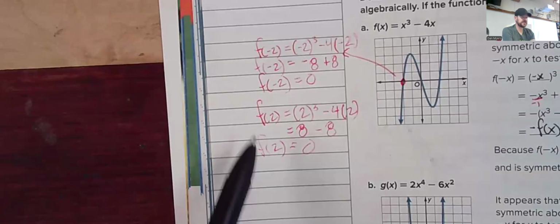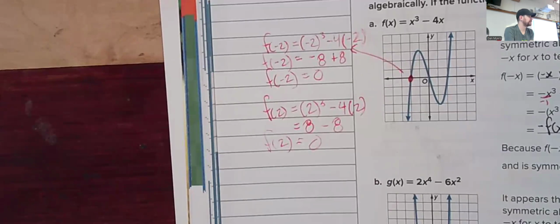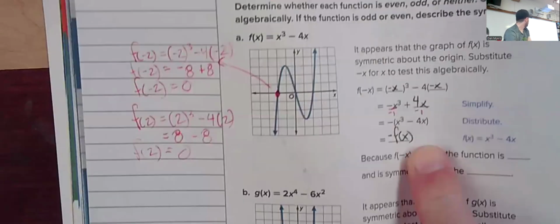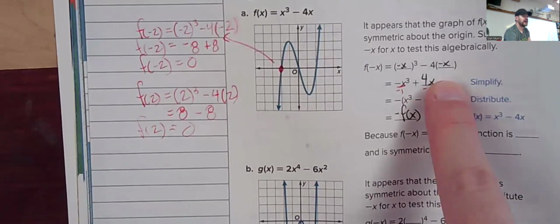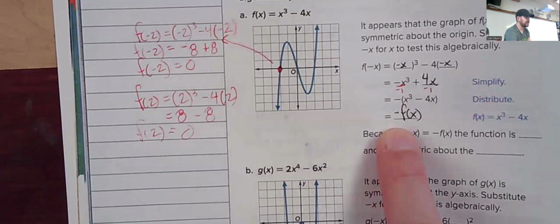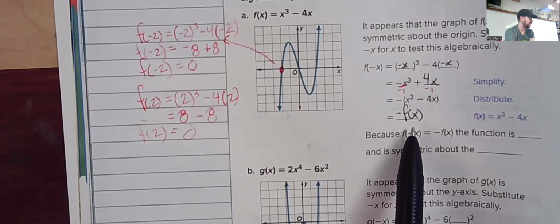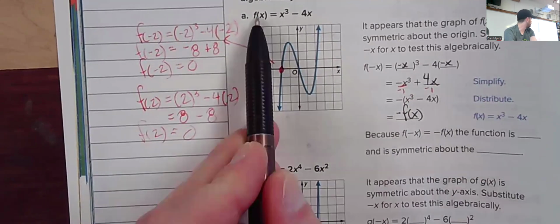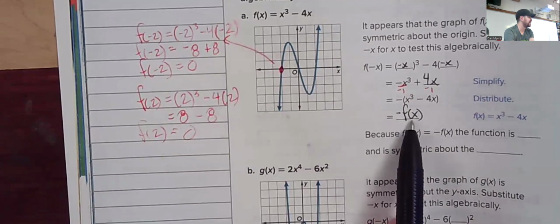So opposite values of x produce opposite values for y. That's what we got going on. That's exactly what we're showing here. If you think about f of x being equivalent to the letter y or the variable y, if you have a positive y here, positive f of x, you'd have a negative y here, negative f of x.